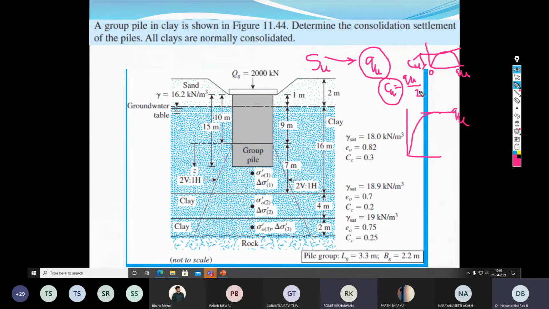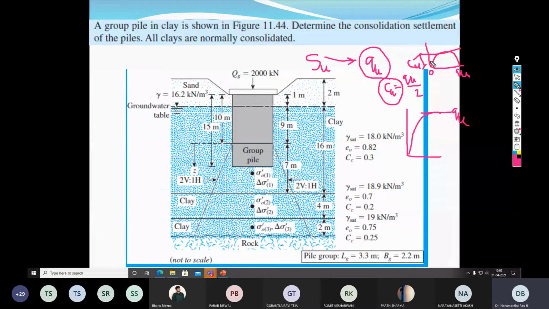Sir, because from the Mohr circle also you can see we get the radius of the Mohr circle as SU, shear strength. No, it is not a shear strength. If you want to determine the shear strength, that is a different way. You need to take any point, and first you need to draw the tangent to the circle.